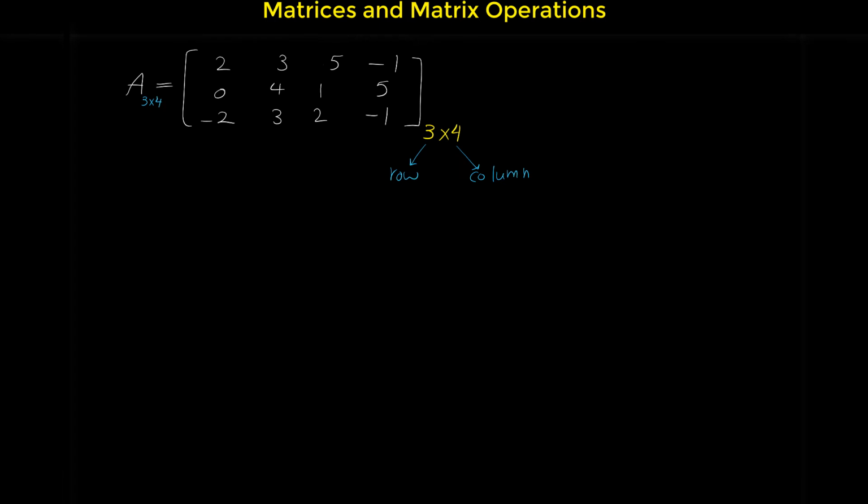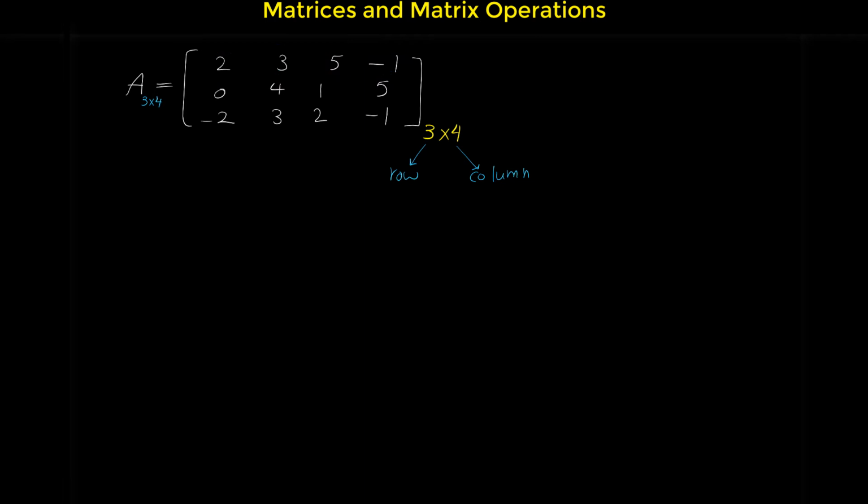So this is an example of a 3 by 4 matrix. This matrix in total has 12 elements because this is 3 rows, 4 columns. 3 times 4 is 12. And so this matrix has 12 elements or 12 entries. Each of these numbers is one element of this matrix.